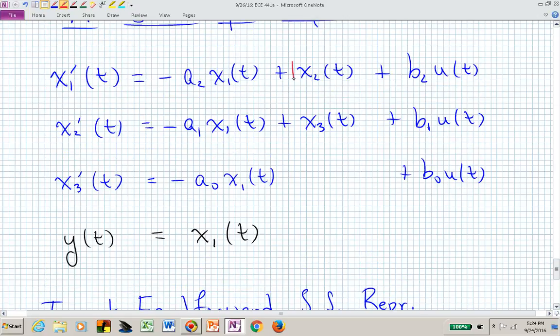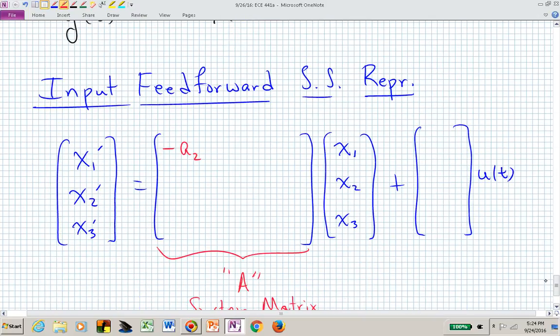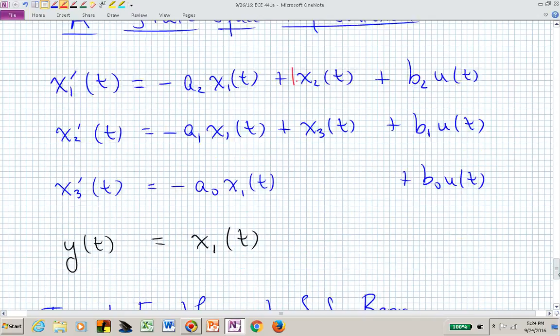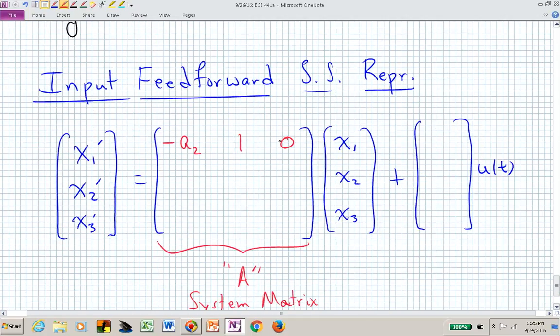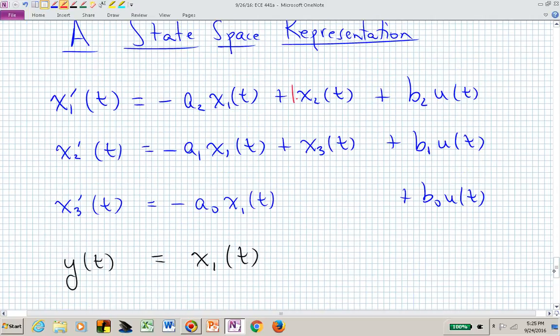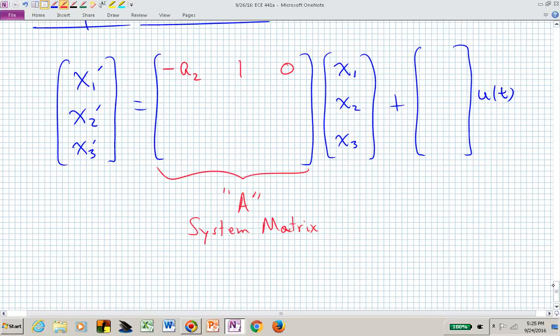That's right here. And we need to scale x sub 3 in that first equation. X sub 3 is not there. That's now a 0. We do have an input term for the generic a's and b's that we've provided for our transfer function description, and so the top row of our input matrix is b sub 2.